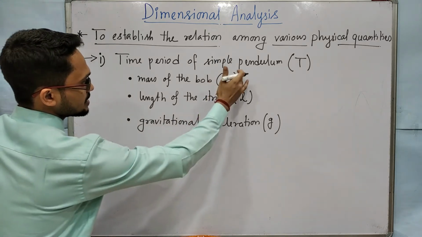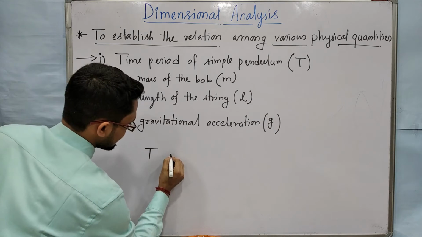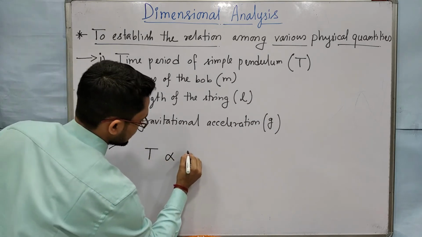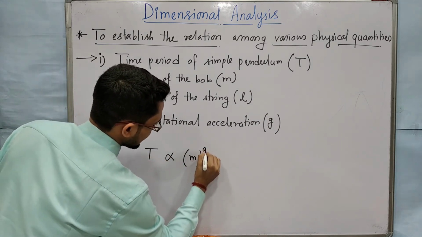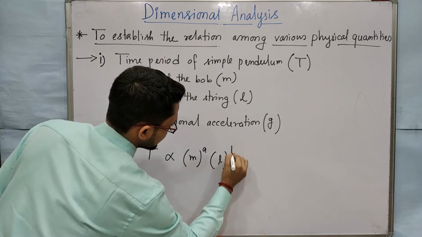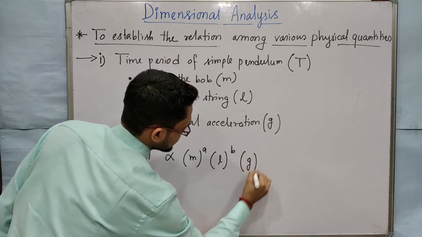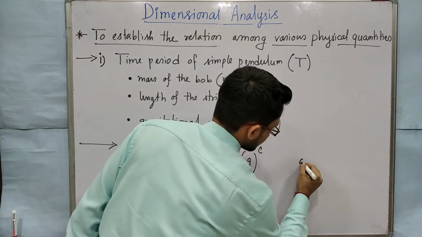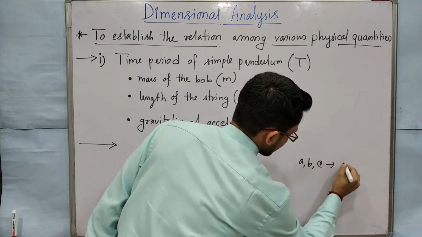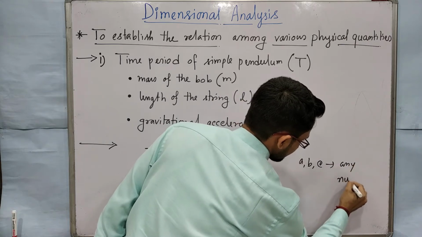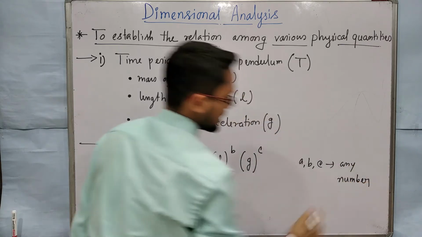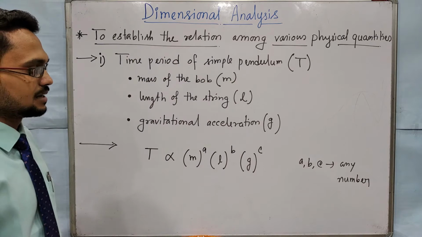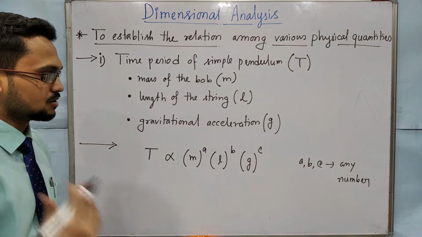T depends on which quantities? These three quantities. So we will write T is directly proportional to m to the power a, l to the power b, and g to the power c. Here a, b, c can be any numbers. It may be positive, negative, a fraction, or a whole number.